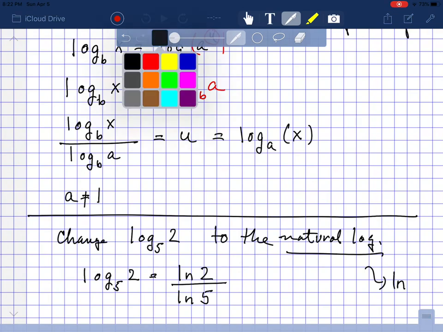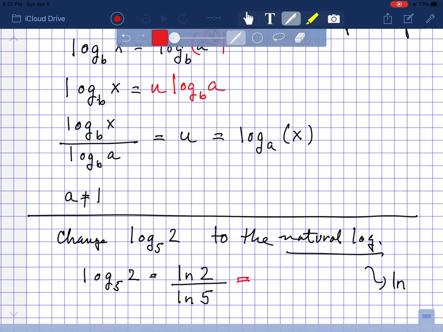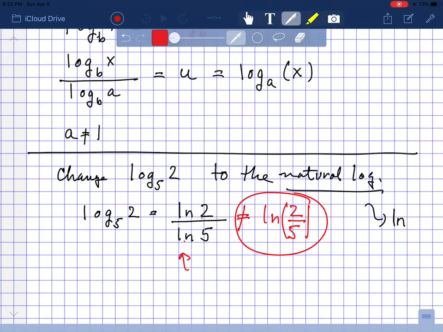ln of 5, okay? Don't make this mistake. I see this a lot. Don't write this. This is not equal to the natural log of 5 divided by 2. That would be a serious mistake. This is just ln of 2 divided by ln of 5. This is not equal to the log of 2/5.